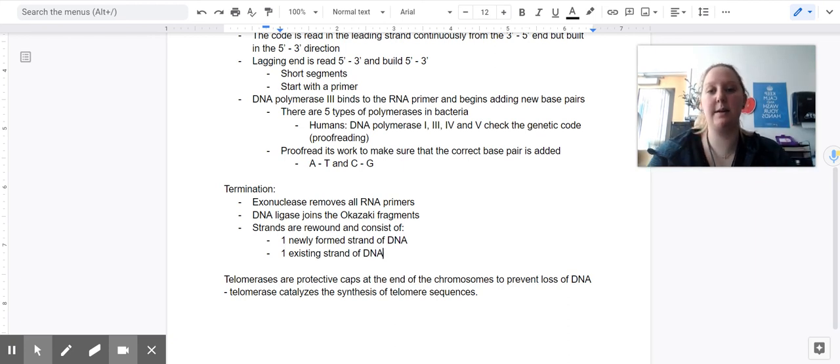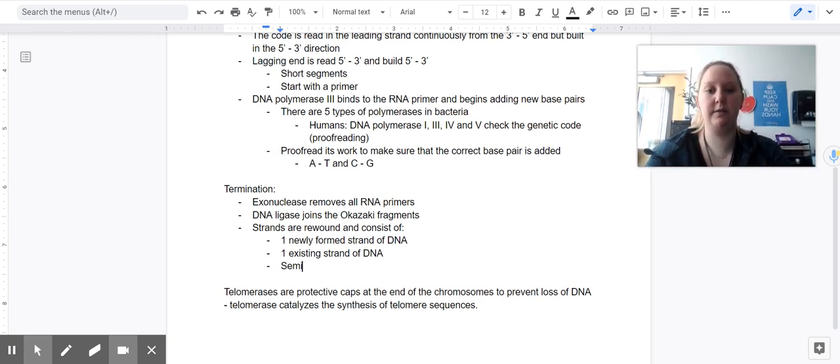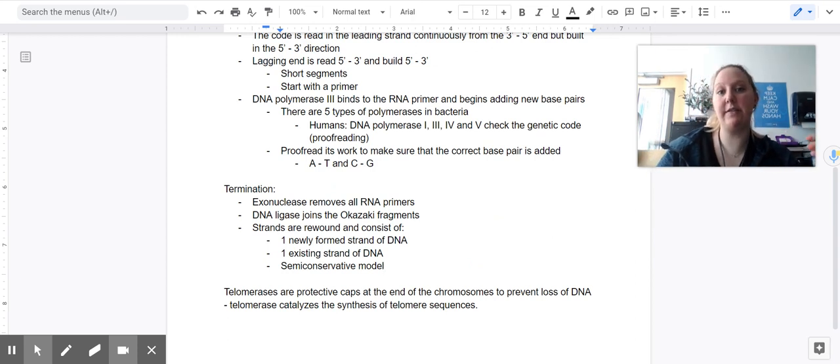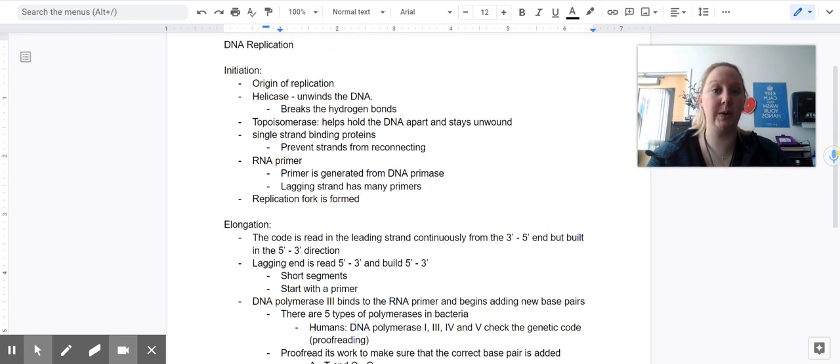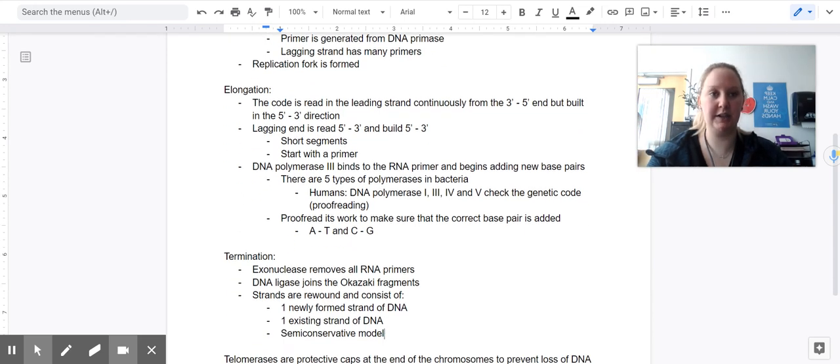This is where that semi-conservative model comes into place, is that we are saving one strand and making one strand. So we're semi-conserving the DNA strand as we make a new one through initiation, elongation, and termination.